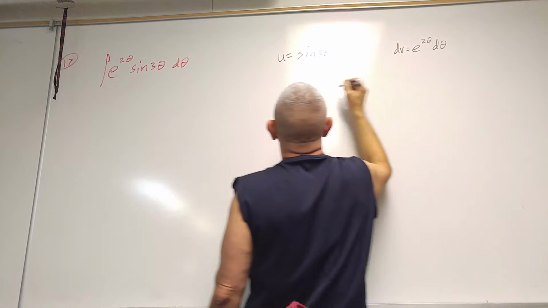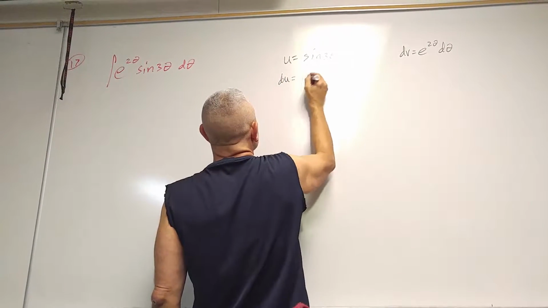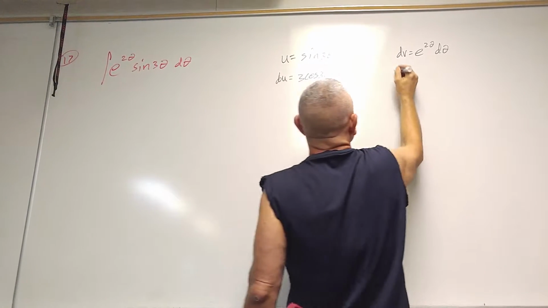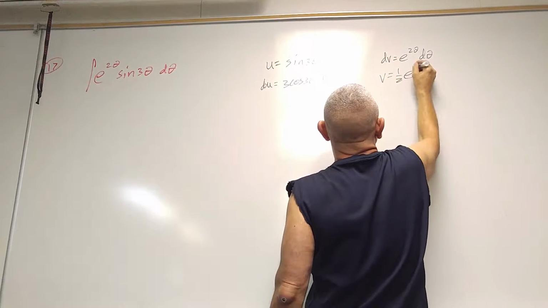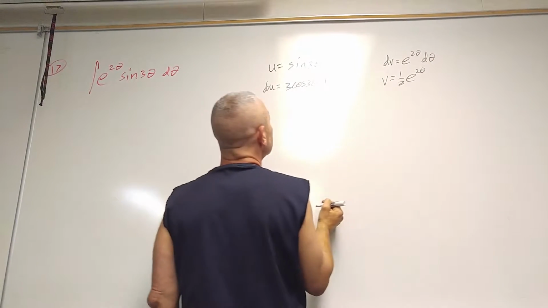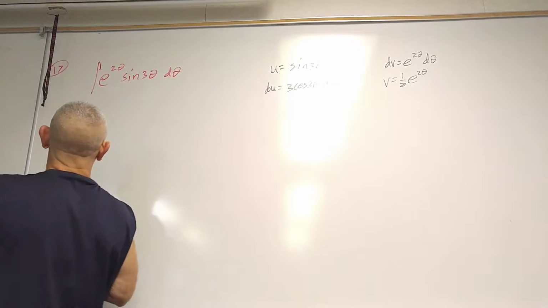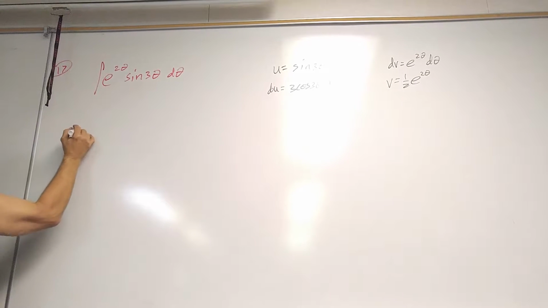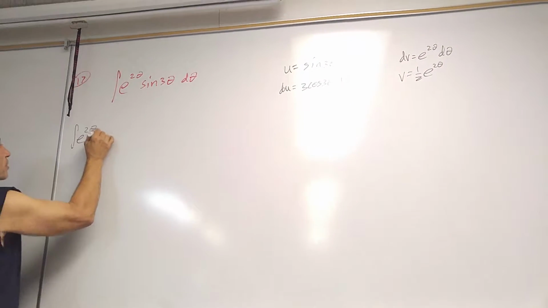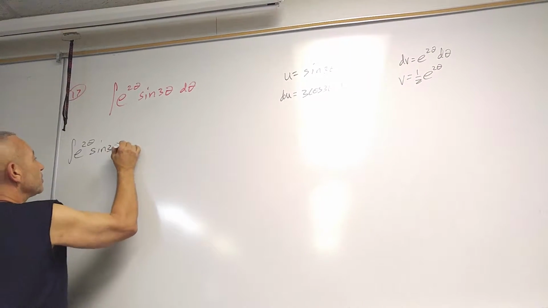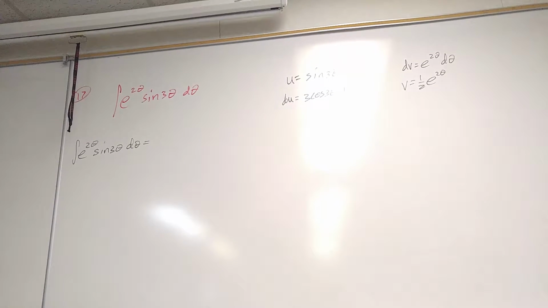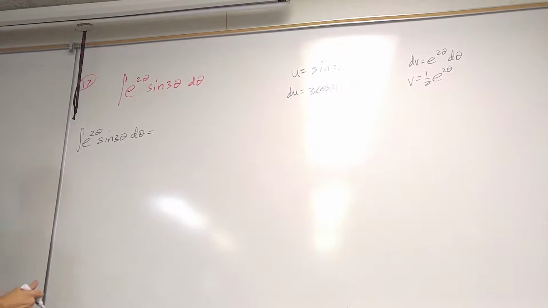So du is 3 cosine 3 theta d theta, and v is 1/2 e to the 2 theta, and there we go. So u times v, I guess I should write the whole thing out. Knowing the form of this thing, we keep writing the left-hand side so that we remember to have this as an equation where we're going to add stuff back over to the left side.